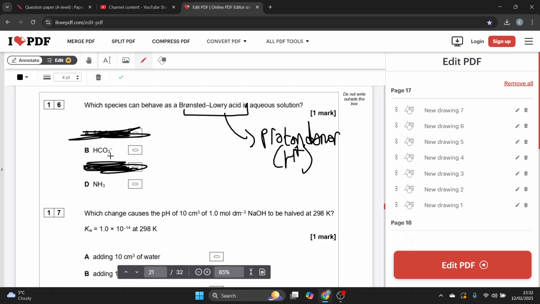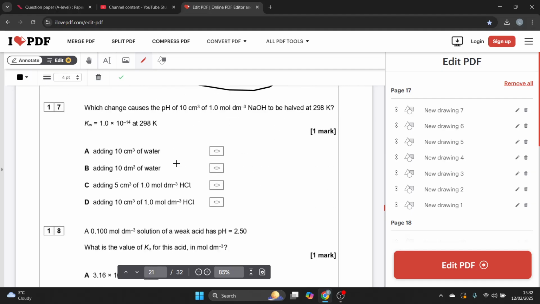So it's either HCO3 minus or NH3. Now NH3 wants to accept H+ to form NH4+, so it's not going to be that. It's going to be HCO3 minus.